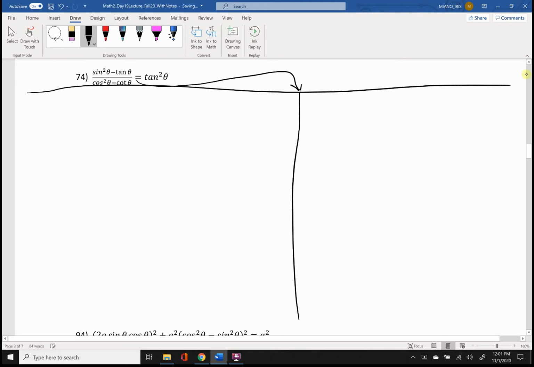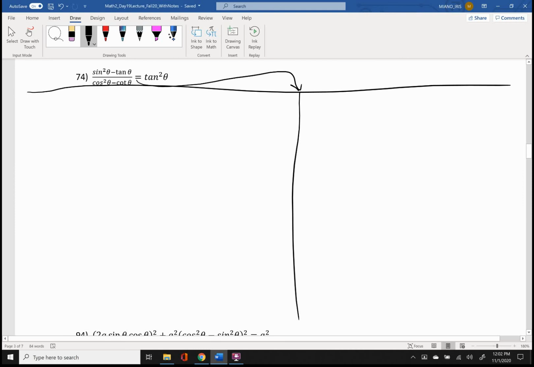Okay, so we're going to try and turn this rigmarole, this rational expression with a bunch of sine squareds, cosine squareds, tangent, cotangent, into simply tangent squared theta. And here we go. The first thing I want to do is rewrite tangent and cotangent in terms of sine and cosine.